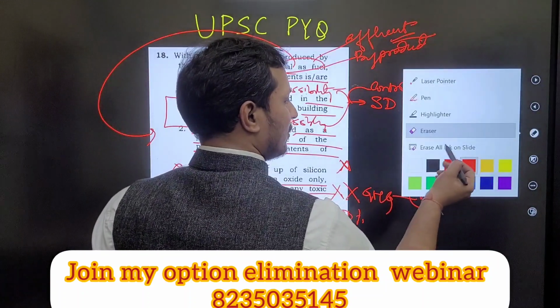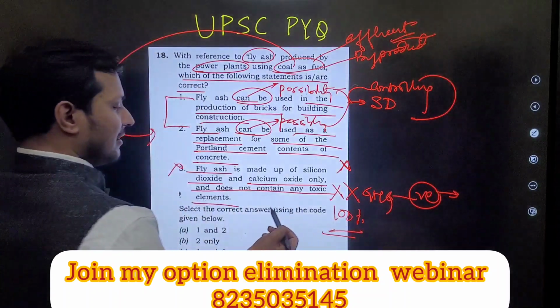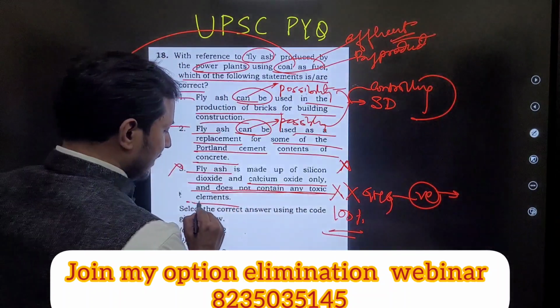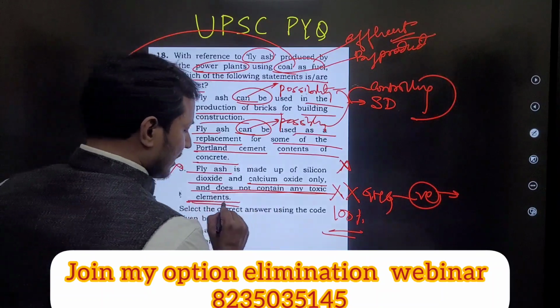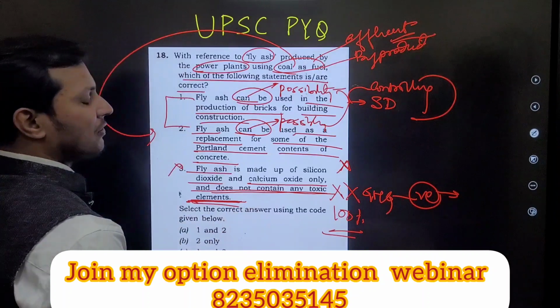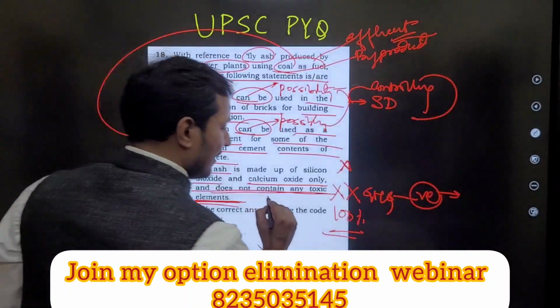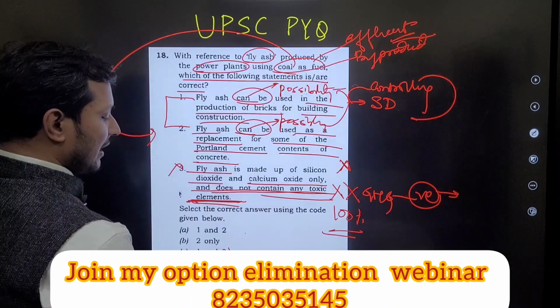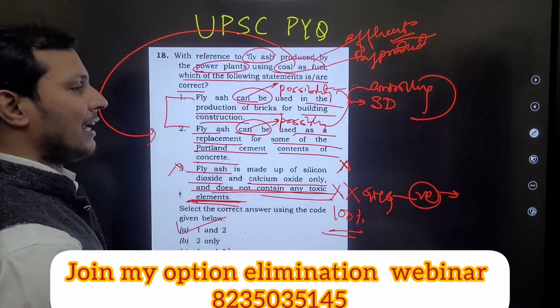Why? Because whenever UPSC asks any statement which does not contain any toxic gases, does not contain any toxic elements, does not have any negative impact on the environment, does not have any greenhouse gases, generally those statements will be incorrect and you get the answer 1 and 2 only.